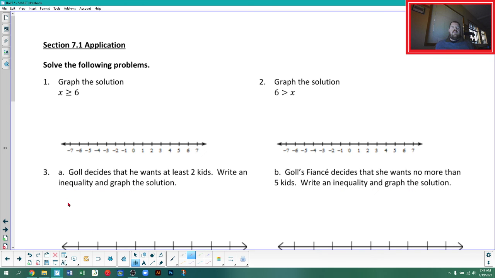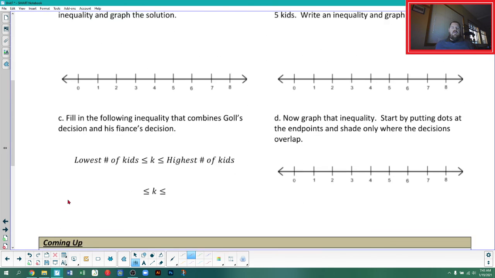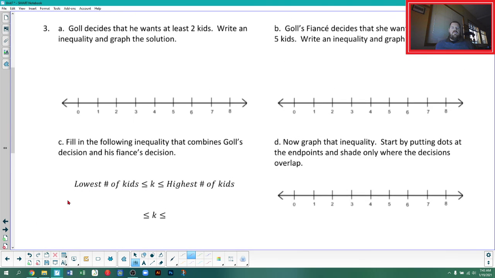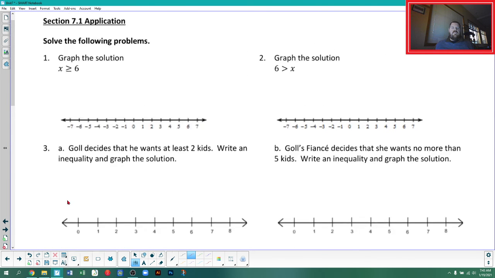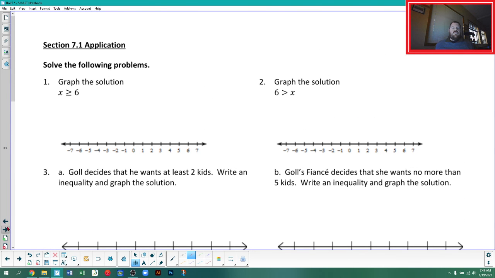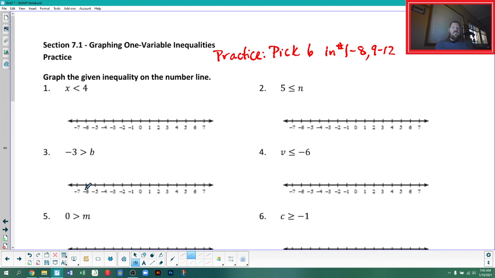Application wise, let's say all of them. The first 2 will go pretty quick. The third one is just a 4-parter, but it doesn't make sense to only do part of that third one.